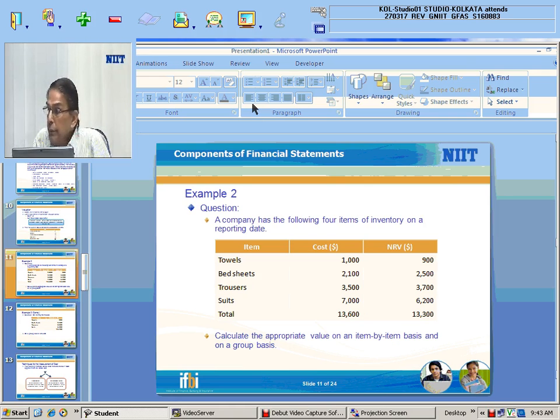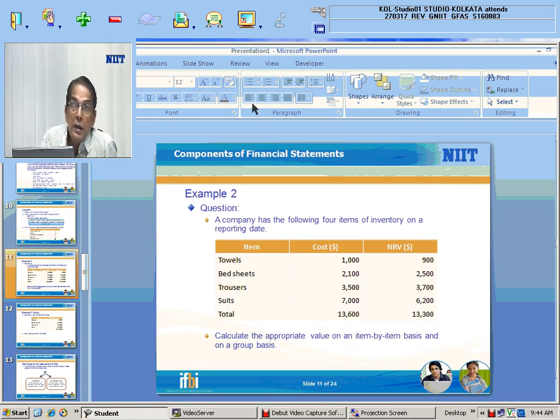The lower of the two, following the conservatism concept.